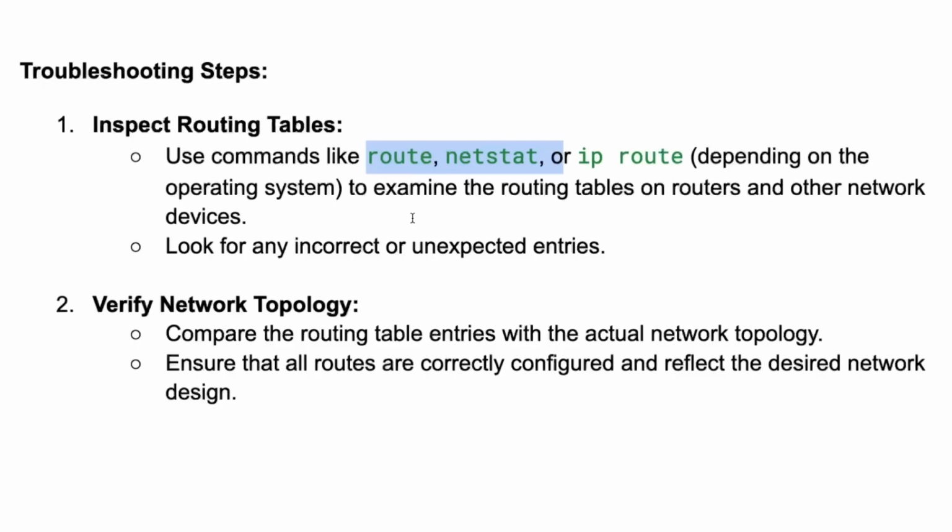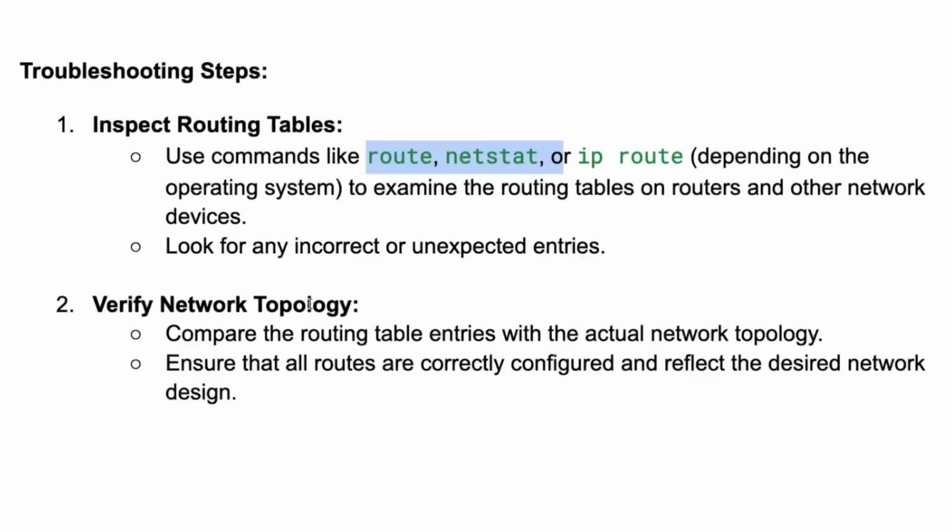And the inspection of your routing table could be, if the devices can communicate with other devices inside of our local area network, but they can't connect to the internet, then there's something wrong with the default route. But if they can connect to the internet, but they can't connect to the other devices inside of our local network, then the default route seems to be fine, but there's something wrong with the addresses that are listed in our routing table, okay?